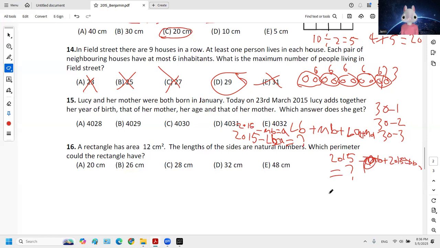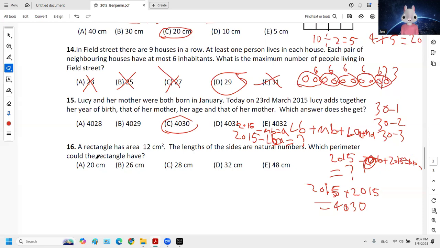It would be just 2015 plus 2015. It equals 4030. C is the answer.